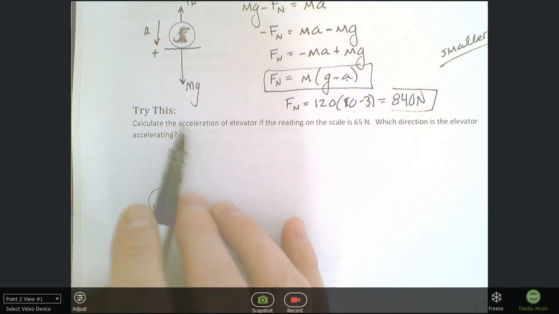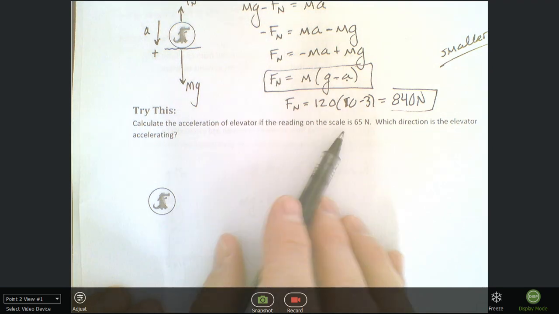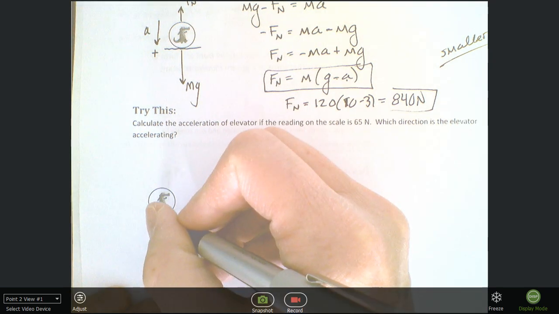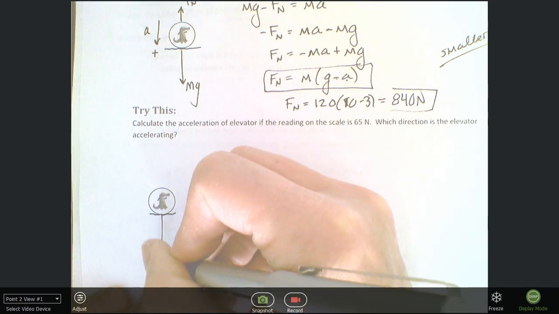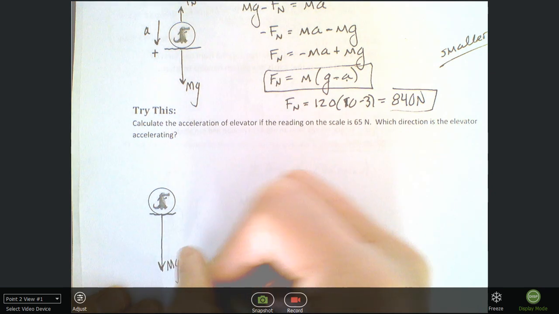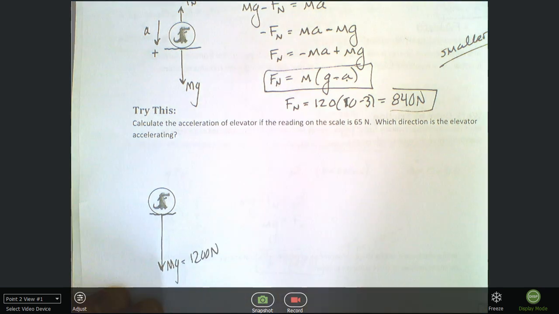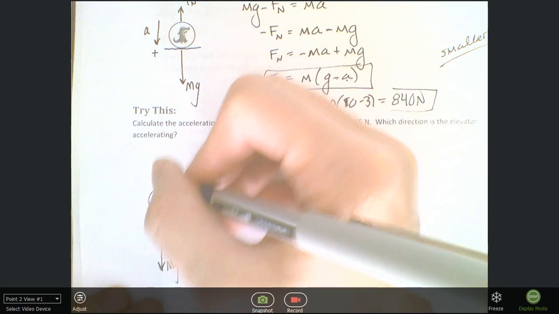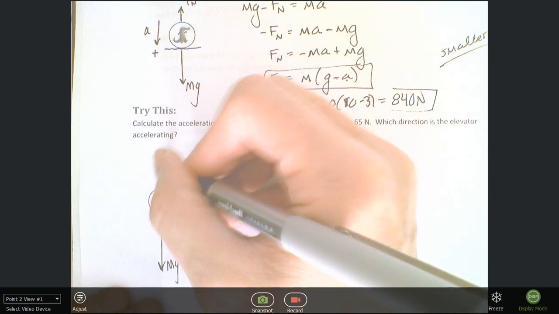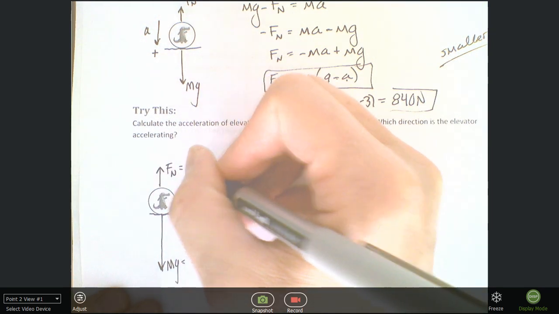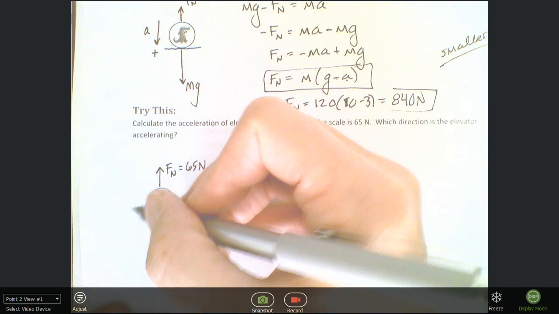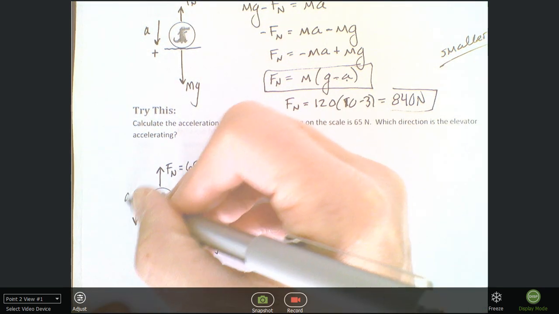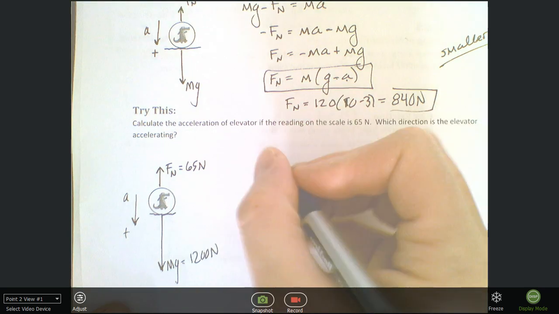All right, it says calculate the acceleration in the elevator if the reading on the scale is 65. So we draw a little thing. We know his weight is 1,200 newtons, and it says the reading on the scale is 65, so it's smaller. That's his normal force. Which way is he accelerating? Clearly downward, because it's an unbalanced force.